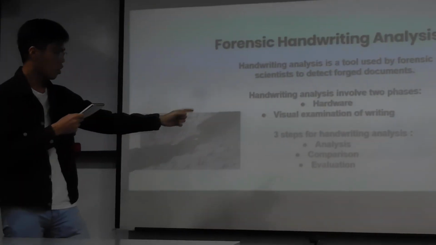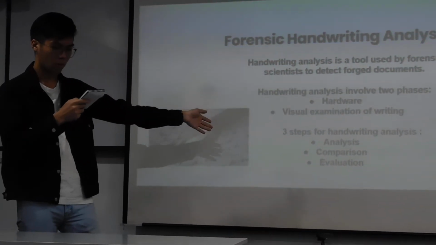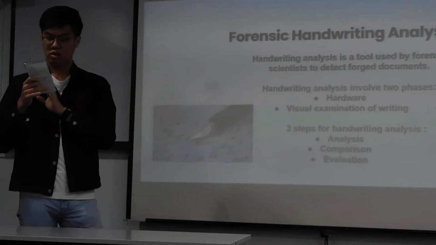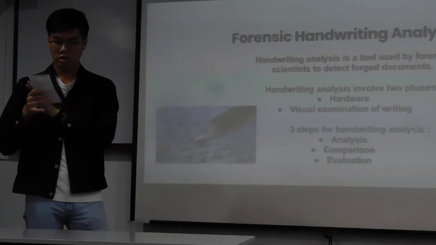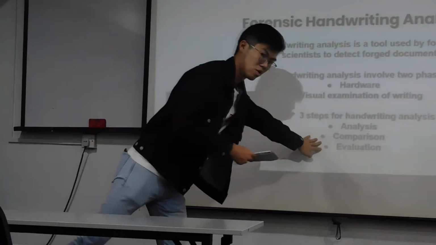The second step, comparisons. They will differentiate elements from the whole sample. For example, they will look at differences in spelling, grammar, and punctuation. And the last step will be evaluation.